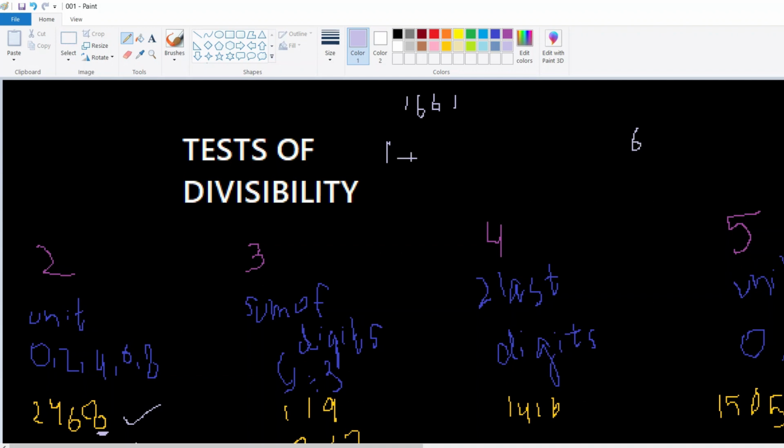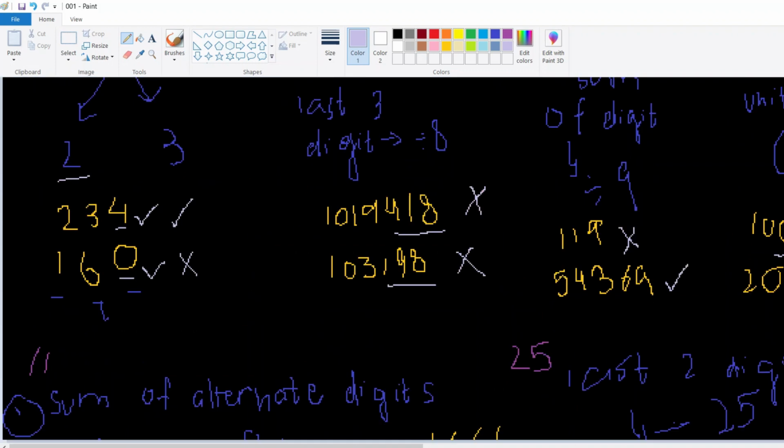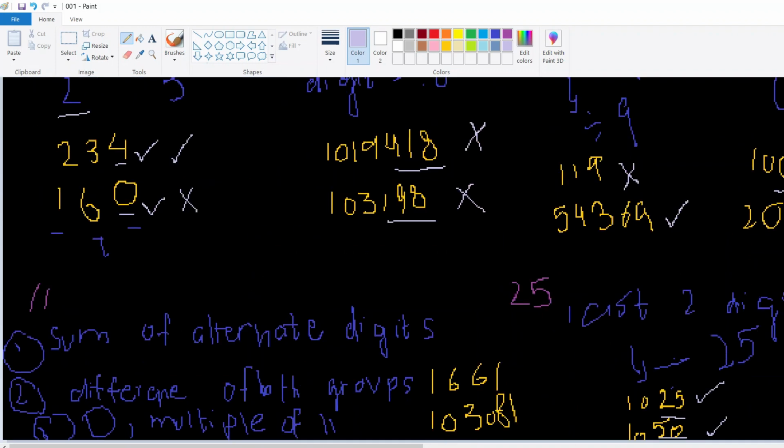Then this 6 would go here, while this 1 would go here. These are the alternate digits. This forms a 7, and this forms a 7 too. Now the difference, 7 minus 7, equals 0. So it should be either 0 or a multiple of 11. This means this number is divisible.